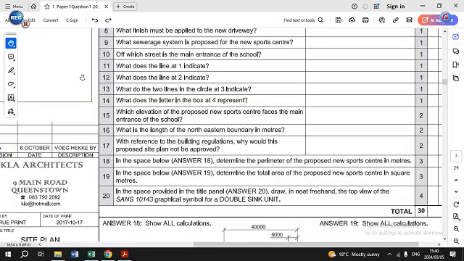If you look at number 16, what is the length of the northeastern boundary in meters?